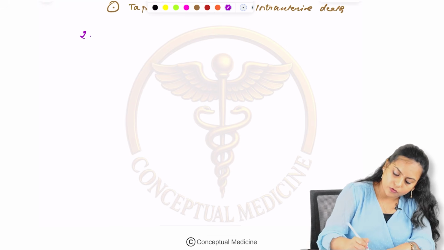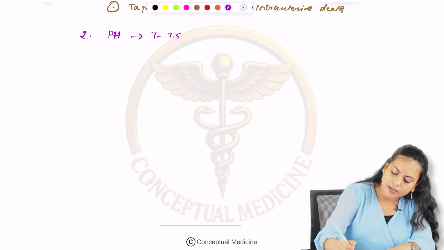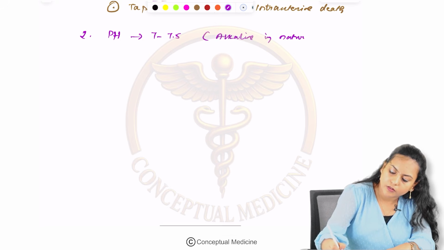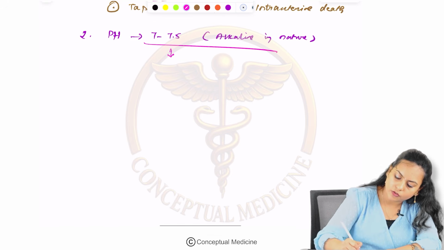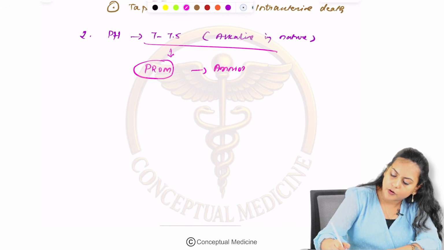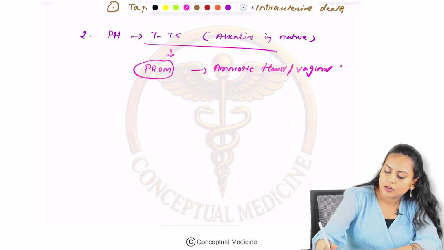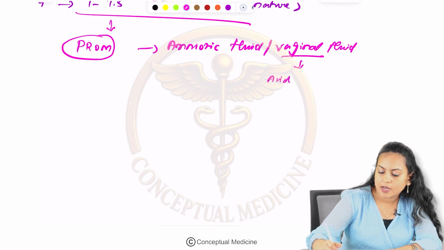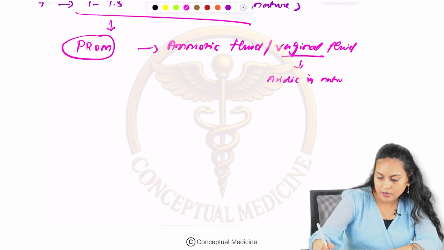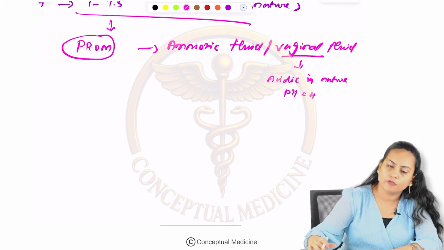The next property you have to know is about the pH of amniotic fluid. pH is usually between 7 to 7.5, which is alkaline in nature. Okay. Now this property is used in case of doubtful PROM to distinguish amniotic fluid from vaginal fluid. Because vaginal fluid in pregnancy is usually acidic in nature, where the pH will be around 4.